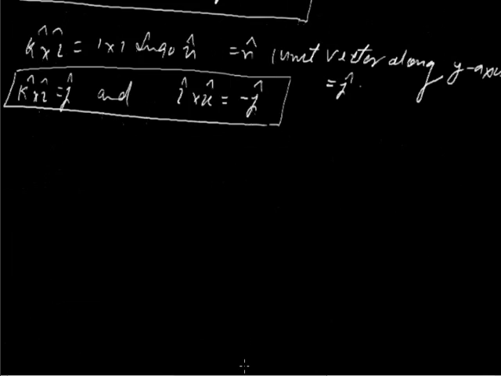To remember all these cross products of two perpendicular unit vectors, these are the unit vectors.